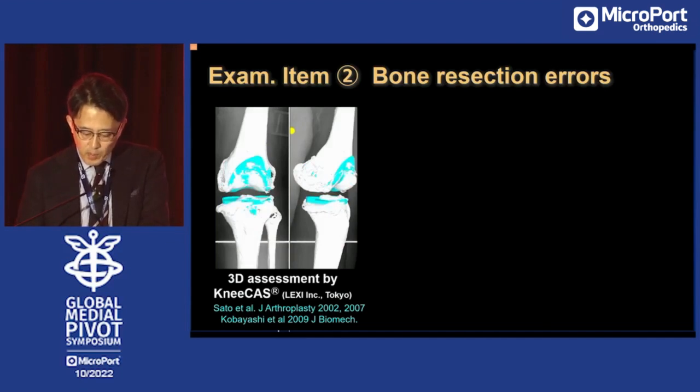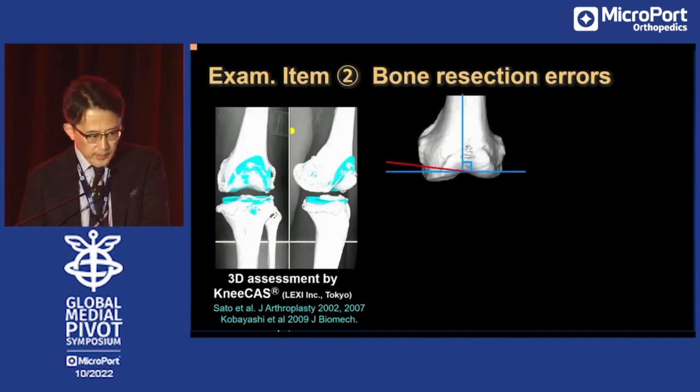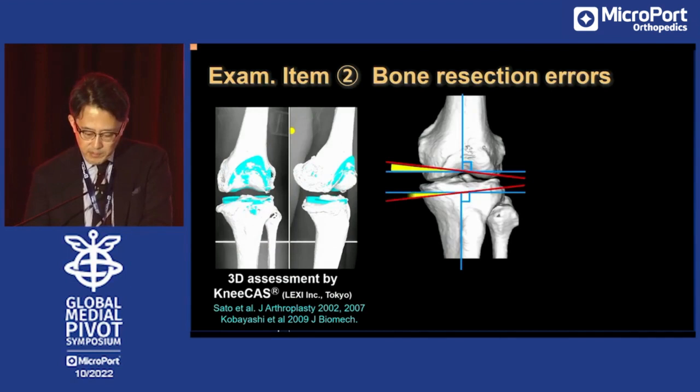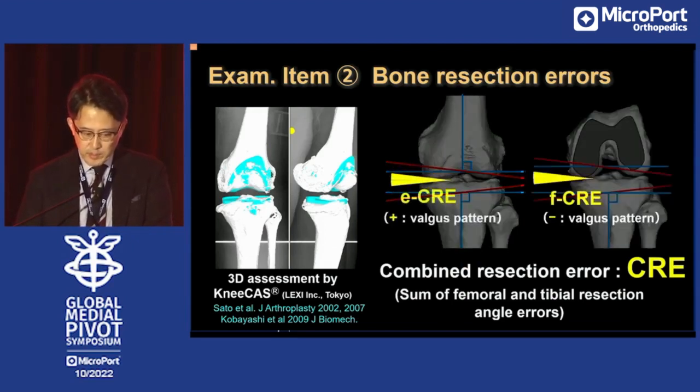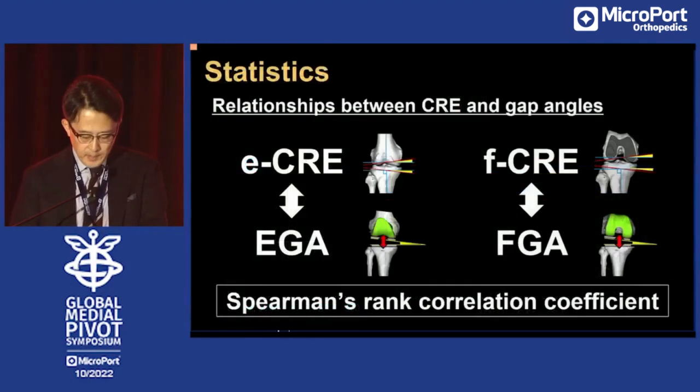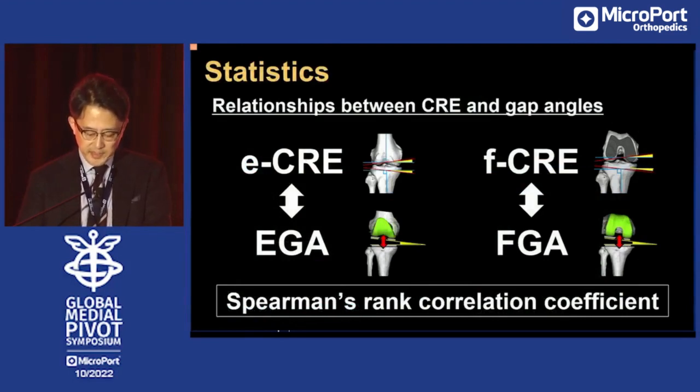We evaluated the combined resection error, CRE, which was the sum of the femoral and the tibial resection angle error. The CRE in knee extension and flexion were evaluated. Those were ECRE and FCRE. The relationship between ECRE and EGA, and FCRE and FGA, was statistically examined.